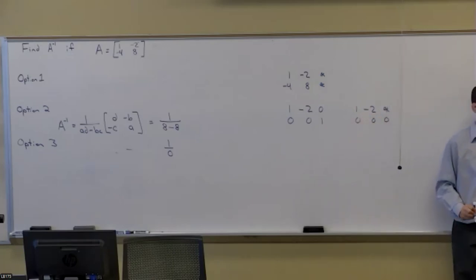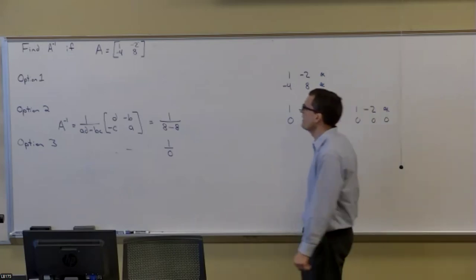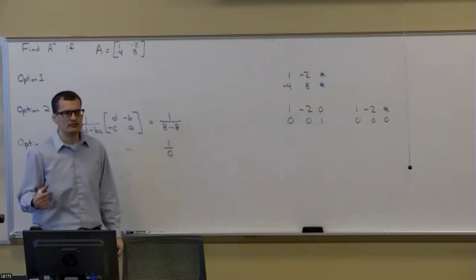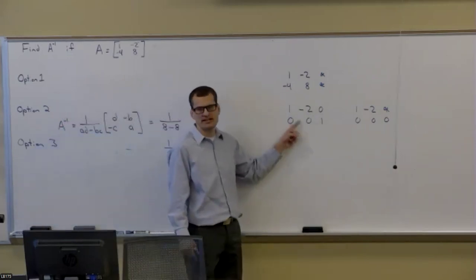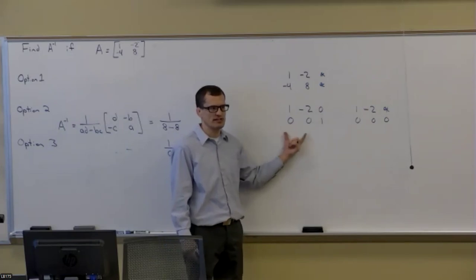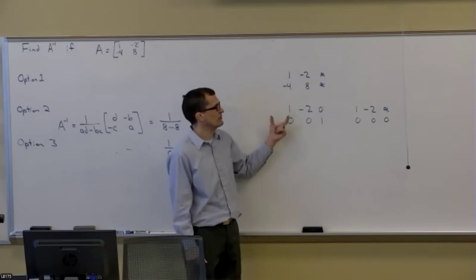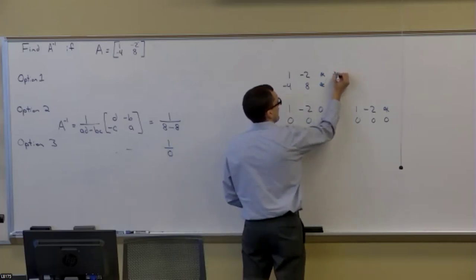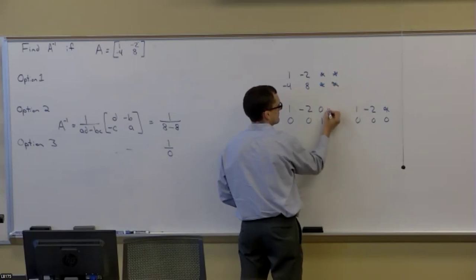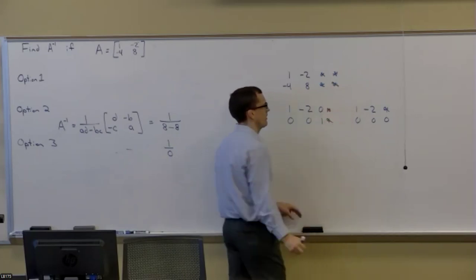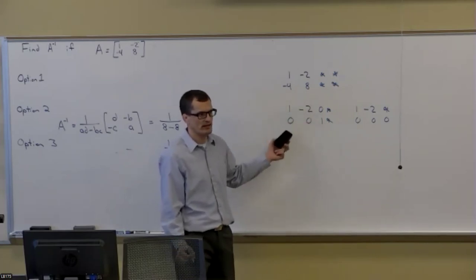You'd end up getting either the no solution case or the infinitely many solutions case. That makes sense. So when we did option 1 and we row reduced it, it would not have turned into the identity matrix on the left-hand side, is what I'm trying to get at. We follow that? When you row reduced it, you would not get the identity matrix on the left-hand side. You get something that looks like that.